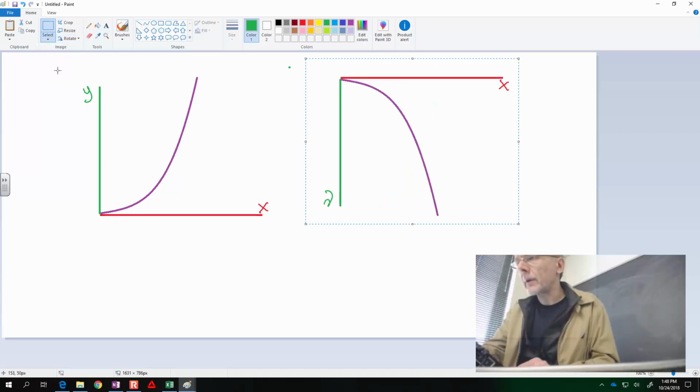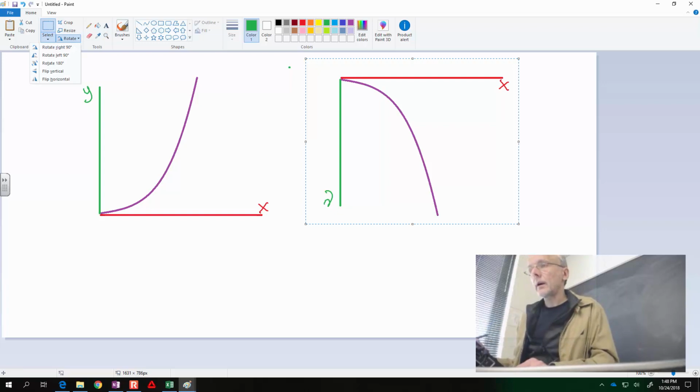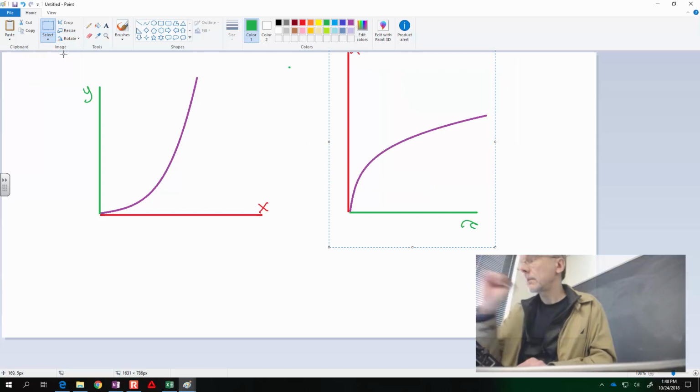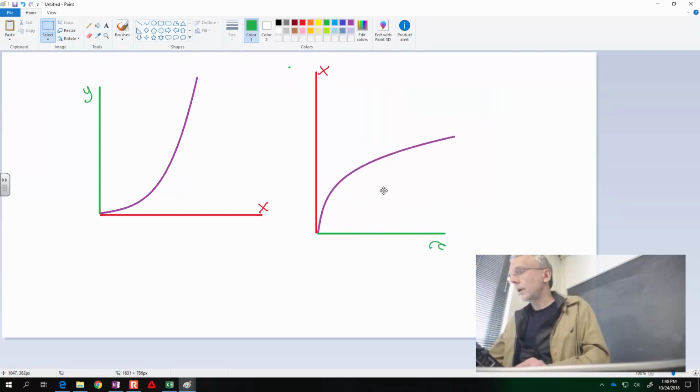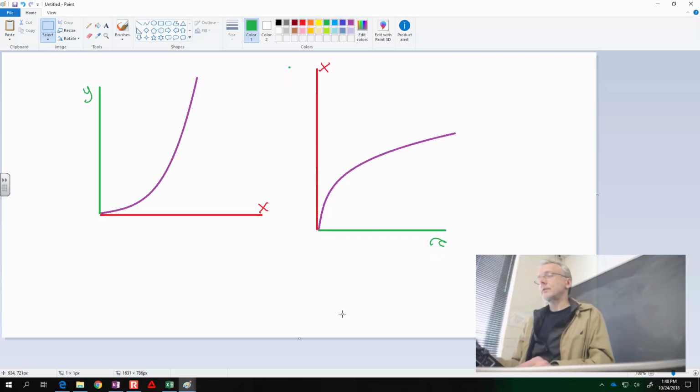Okay, flip vertically. Okay, and now what? Rotate 90 degrees counterclockwise, right? Okay, exactly. So you can see the match, right? So exactly what we just did by hand, we did it with paint.